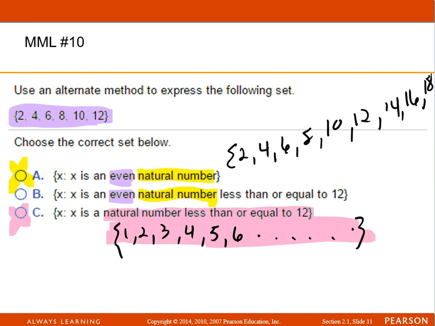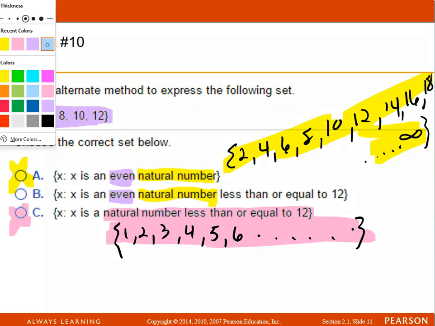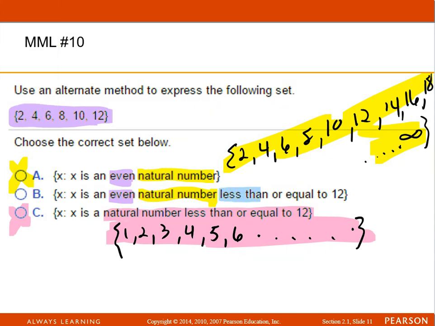I'm going off the page. Dot, dot, dot, all the way to infinity, because it just says x is any even natural number. So it can't be that one. And then we come to our third choice, which has the extra part, less than or equal to 12. They stopped right here at the 12. So that's our choice. B.